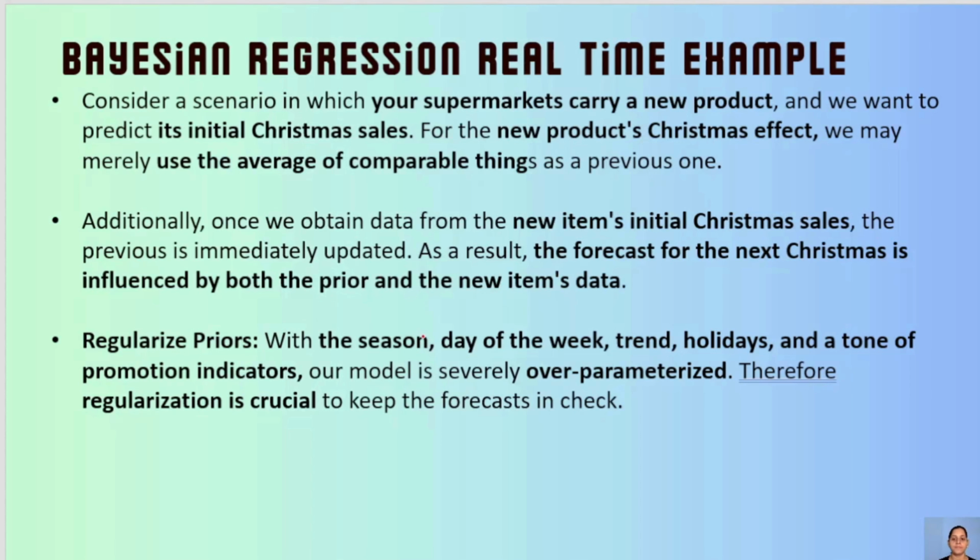We will consider them, see how my model is getting parameterized for that, and see how the forecast is coming with all these factors. So that is one particular example which I have told you about Bayesian regression.